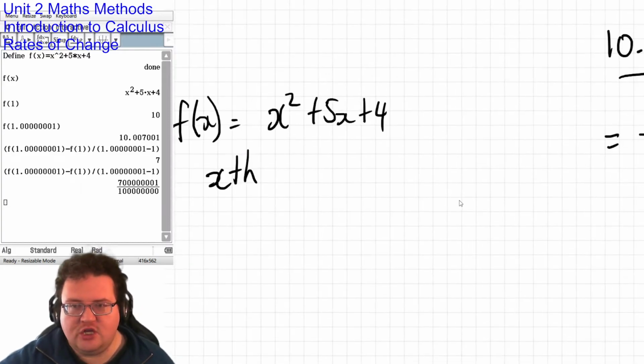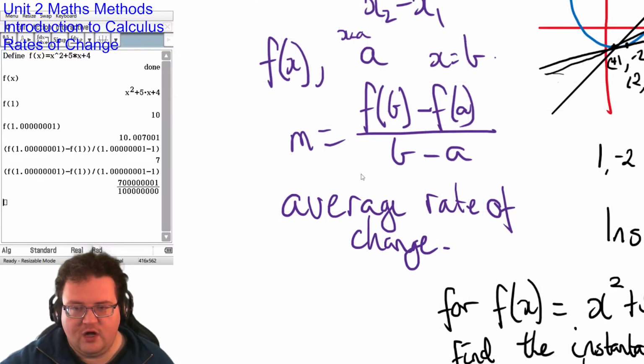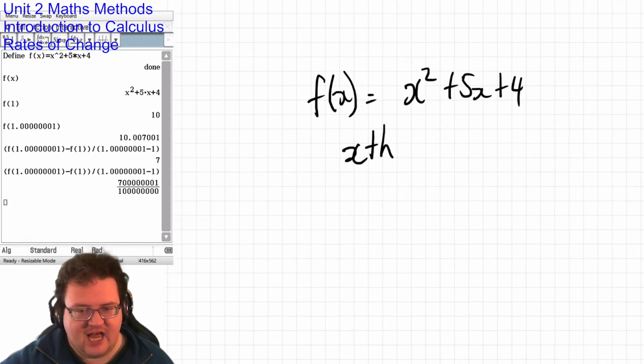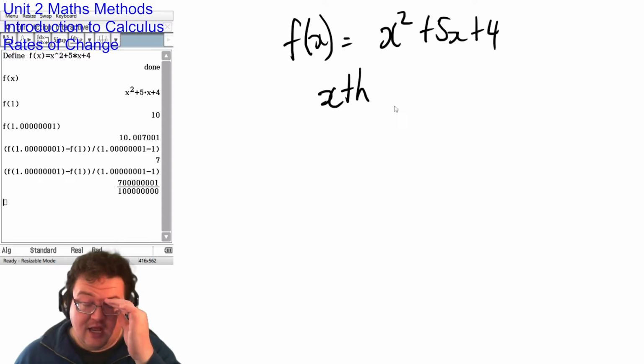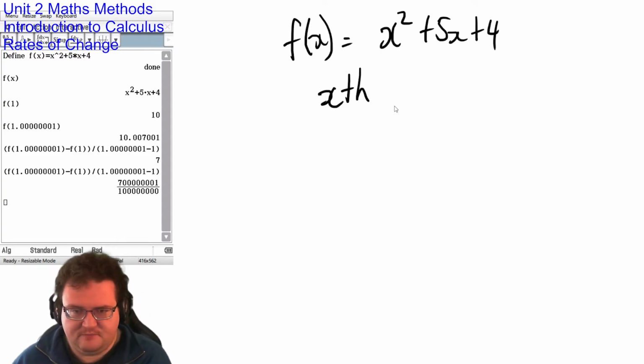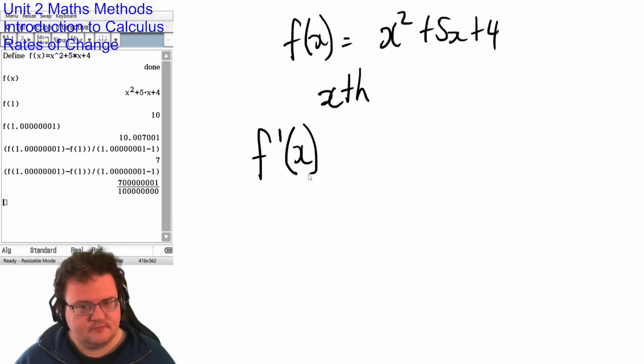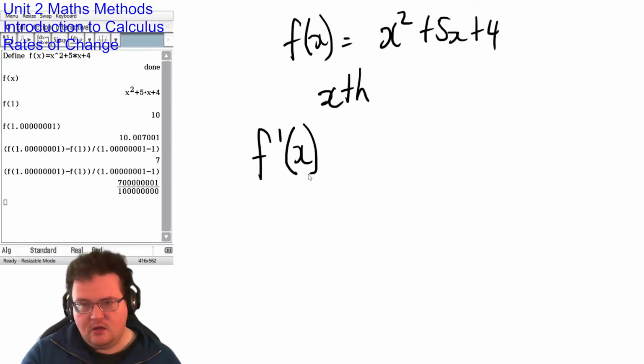Now, if I go back and use this formula that I have here before, and I use x and x plus h, I can create this new type of equation. All right, and it's called f dash x. And this is the derivative. This is the gradient equation. So if I'm talking about f of x, x squared plus 5x plus 4, f dash x is the gradient equation for f of x.